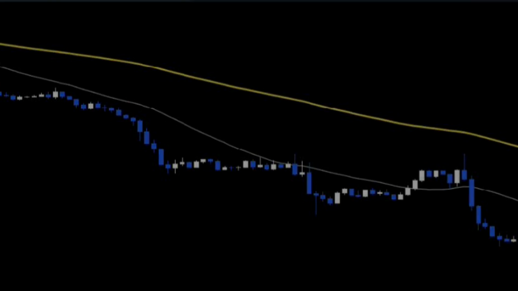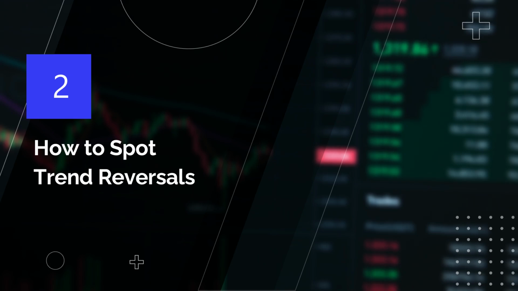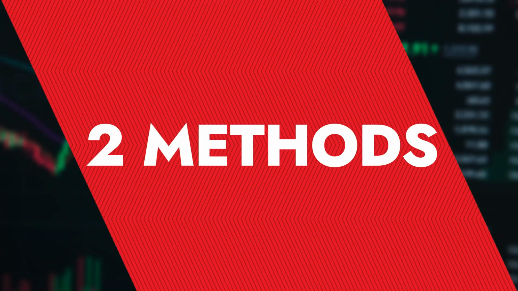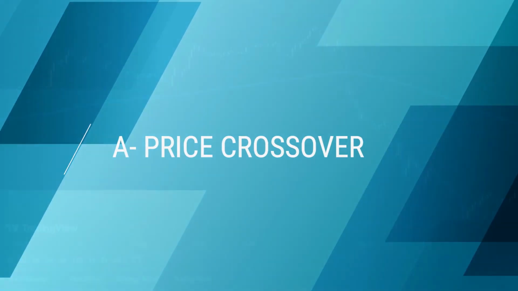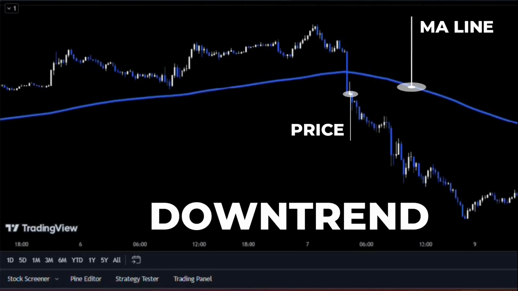Alright, let's talk about how moving averages can help us spot trend reversals. When the market might be changing direction, we've got two tricks up our sleeves for this. First, price crossover. Remember how we said the price usually stays above the moving average in an uptrend and below it in a downtrend?